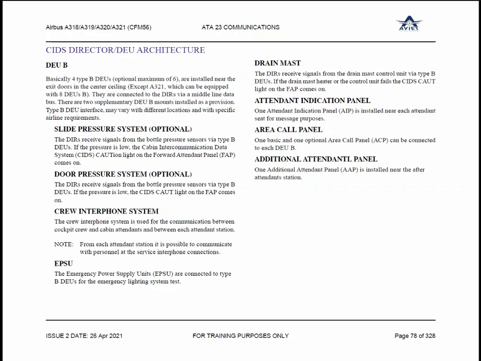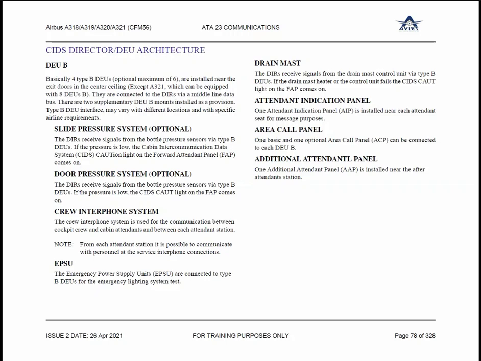EPSC are connected to the DUB for emergency lighting system test purpose. So a test signal will be sent either from the PTP, programming and test panel, or from the MCDU. They will check whether the emergency lighting system is working or not.